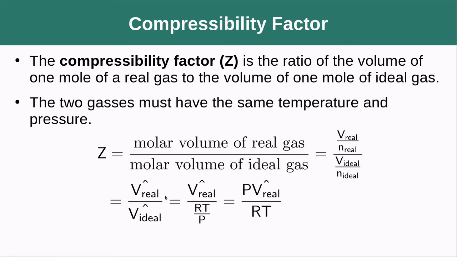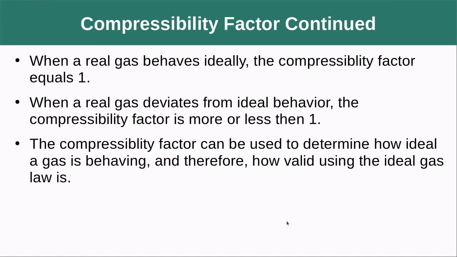So if we have the molar volume of the real gas over the ideal, we know that this term for an ideal gas would equal RT divided by P, and we see that Z is equal to PV real divided by RT. So essentially it's the ideal gas law with the actual volume plugged in. When a real gas behaves ideally, the compressibility factor is going to equal 1.